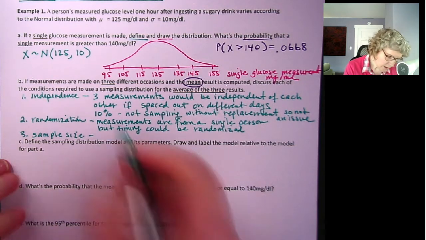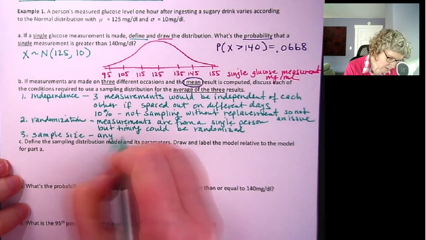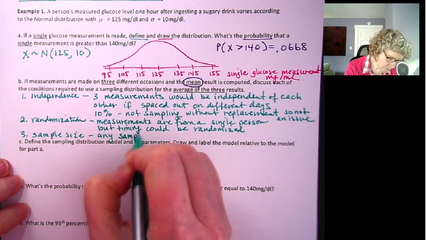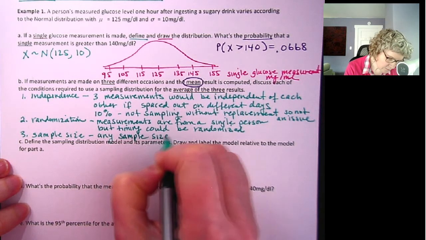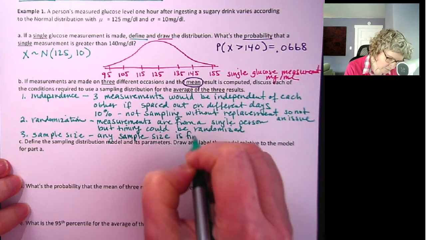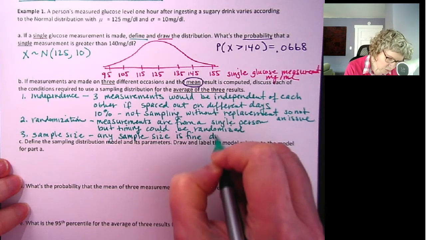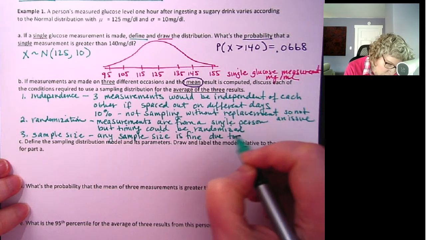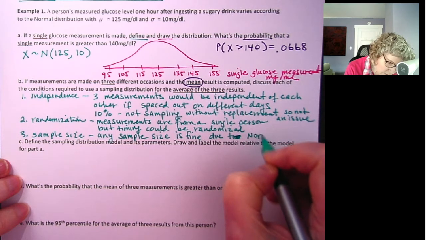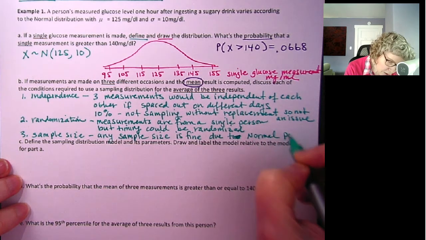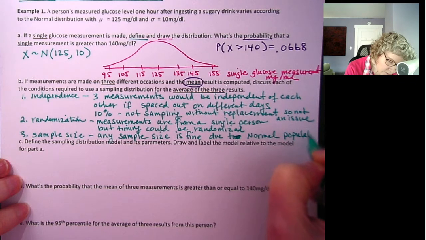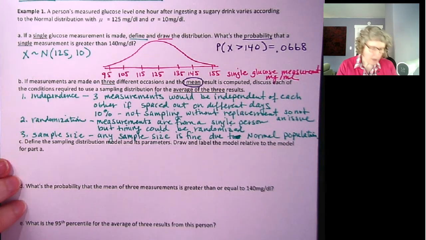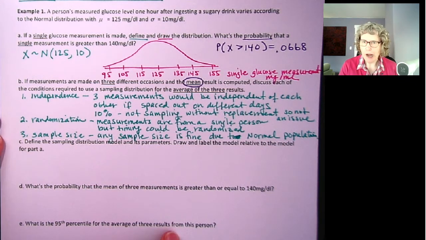Okay, so I'm going to write: any sample size is fine due to normal population. Okay, so again, these take a lot of practice, so don't worry, and we'll do more examples.